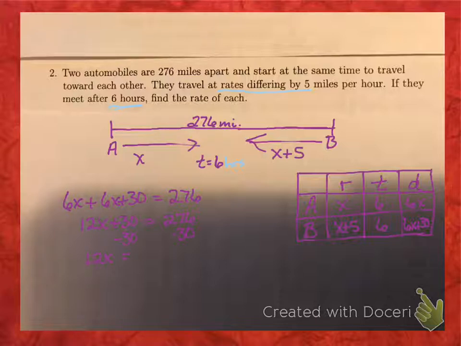That gives us 12X is equal to 246. Divide that by 12, and X gives us 20.5 miles per hour. So that means train A is going 20.5 miles an hour. Train B is going 25.5 miles per hour.